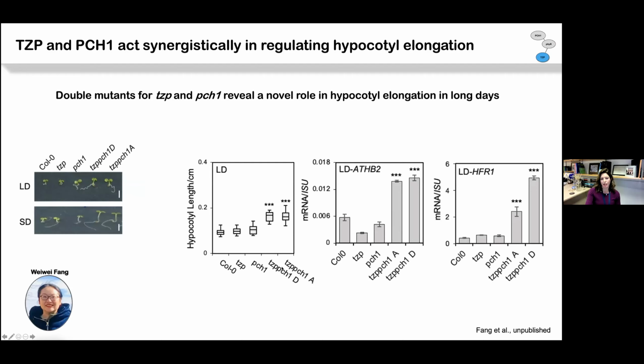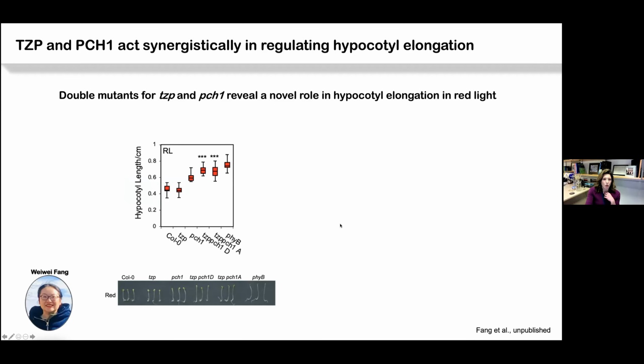So here we reveal a new role for PCH1 in long days, but also for TZP, because you can see the double mutants have elongated hypocotyls in response to long days, and this is due to induction of a number of genes that have major roles in growth promotion. And also we uncovered a new role again for these two proteins, especially with the case of TZP, in red light signaling.